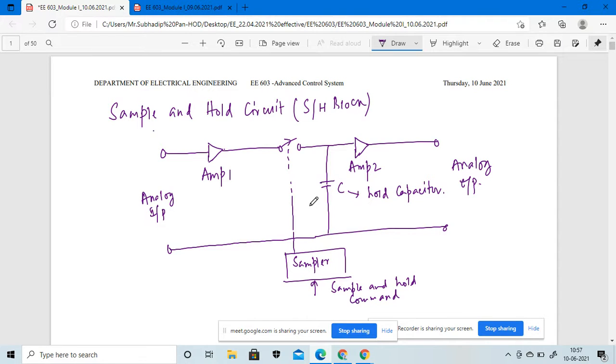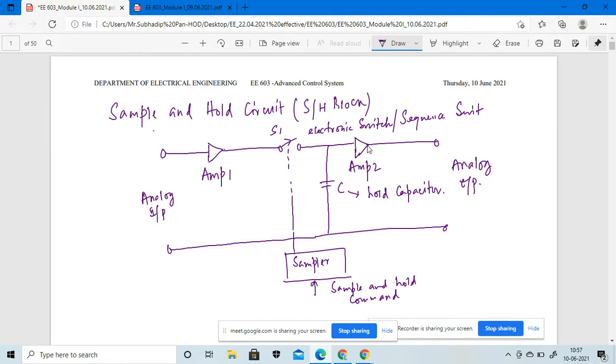This is actually one switch, supposed to be S1. This switch is your electronic switch, or the sequence switch, you can say.